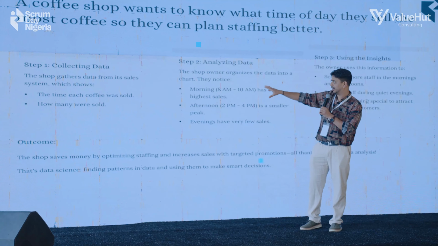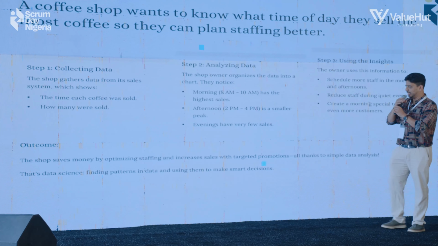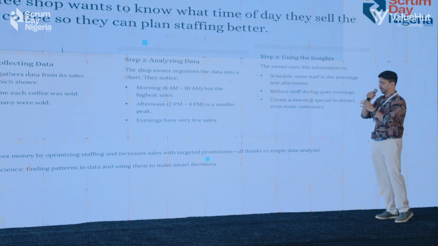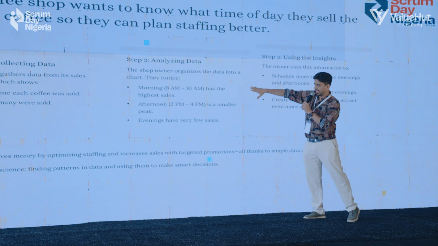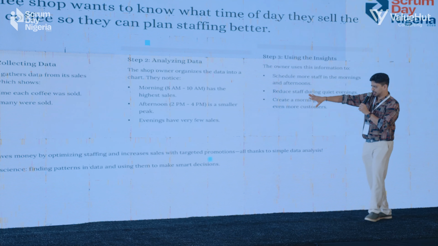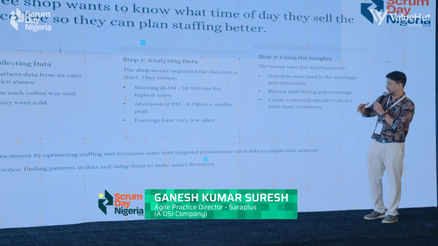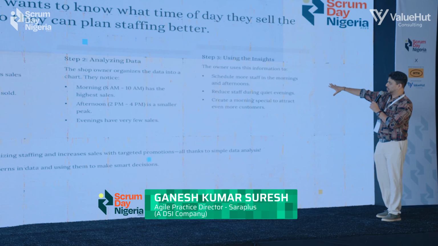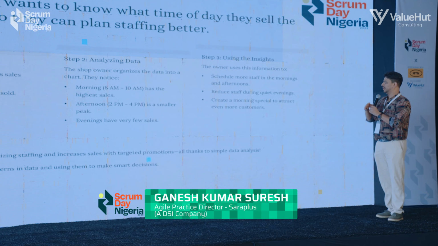The next step is finding when the maximum amount of sales happen. For example, morning has some of the highest sales, afternoon slower, and evenings it might gradually taper down. And step 3 is using this insight to schedule the staffing at the coffee shops.